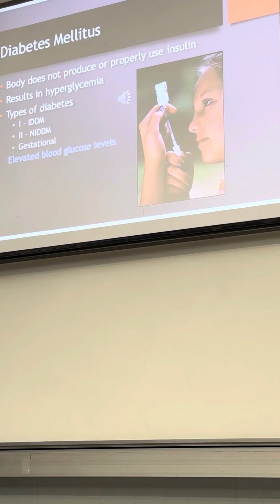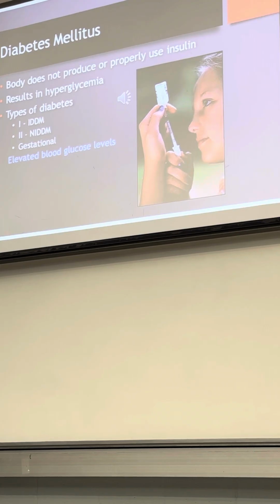Change the diet, exercise, right? They try to get it under control with diet and exercise. So that's how it's being modified. But when they have diabetes, their body is not producing or even properly using the insulin that's there. So there are lower insulin levels and an increase in blood glucose level.